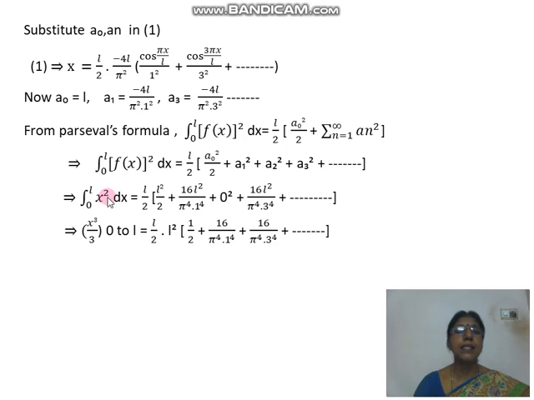Now integrate this. What is integral x square dx? X cube by 3. What are the limits? 0 to L. Now apply 0 to L. So integrate x square, you get x cube by 3 with limits 0 to L. In place of x, first you put L, now it is L cube by 3, minus lower limit 0. 0 cube means 0.